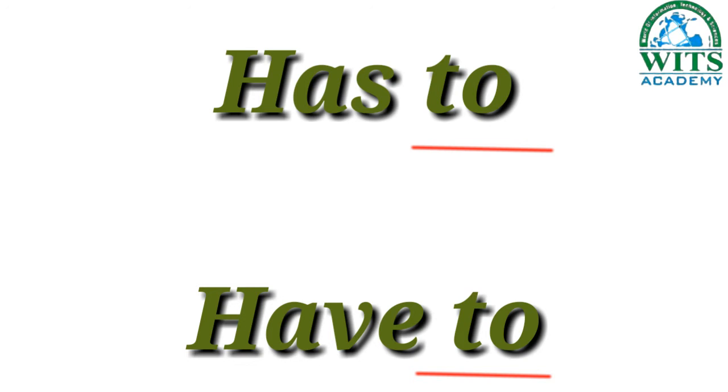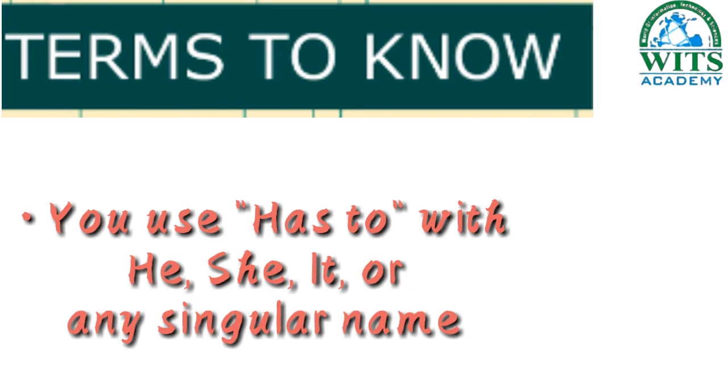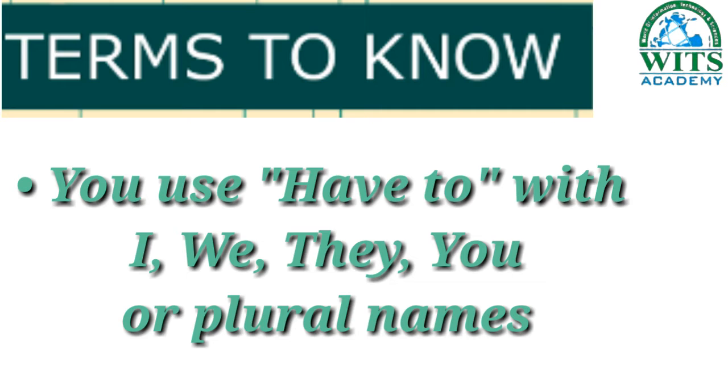Okay, dear students, terms to know. Number 1, you use has to with he, she, it, or any singular name. Number 2, you use have to with I, we, they, you, or plural names.